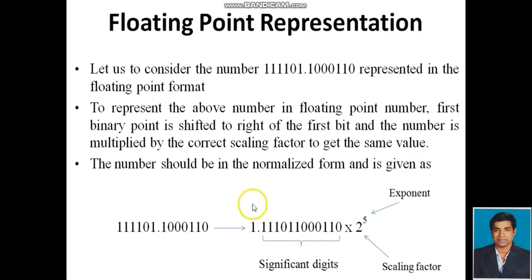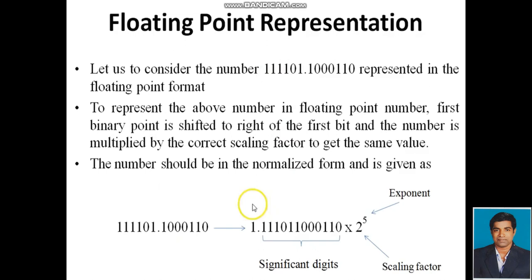The number should be in the normalized form. 111101.100110 is represented as 1.11101100110 times 2 to the power 5.